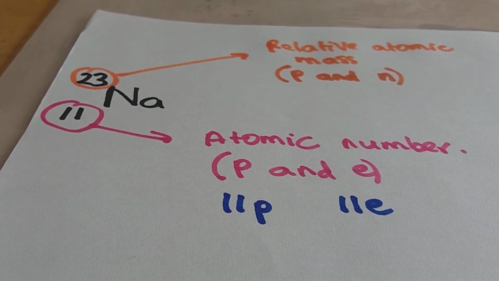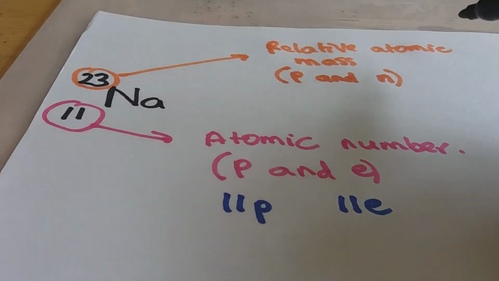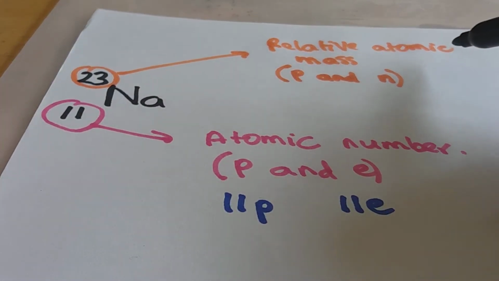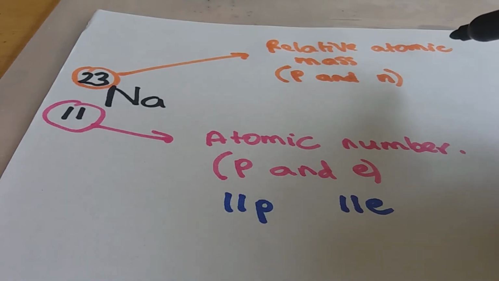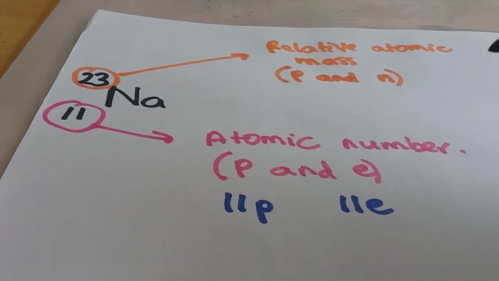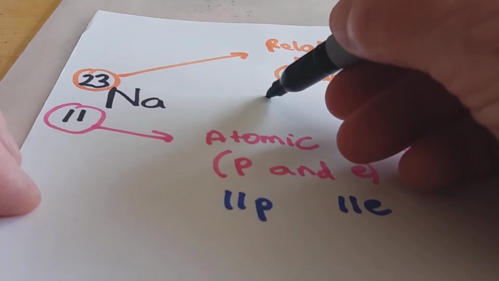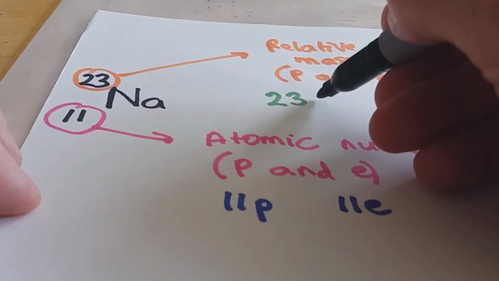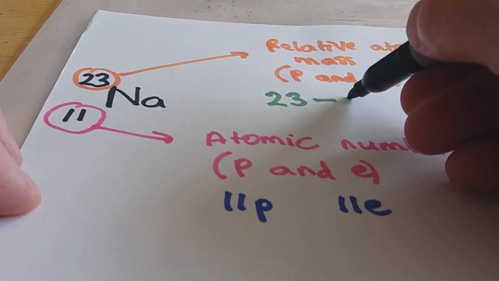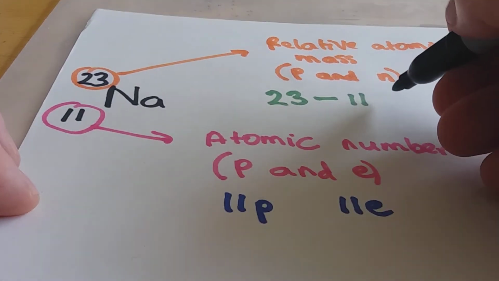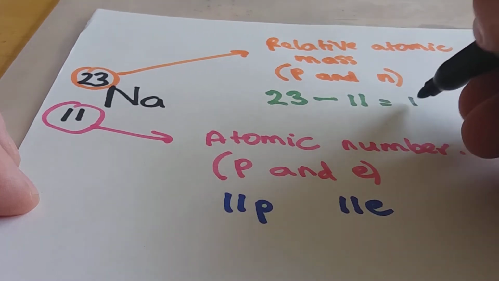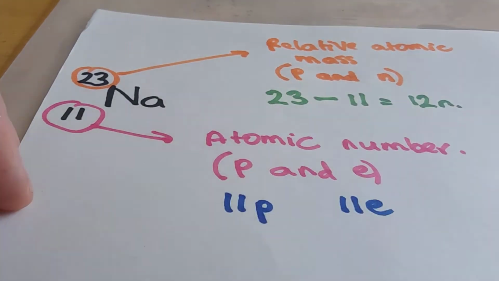Now from this we can work out the number of neutrons. If the relative atomic mass is 23 and is made up of protons and neutrons, and the atomic number tells you the number of protons, to get the number of neutrons, we take the relative atomic mass and subtract from that the atomic number, that will give us the number of neutrons, which in this case is 12.